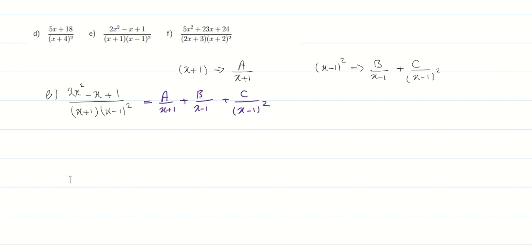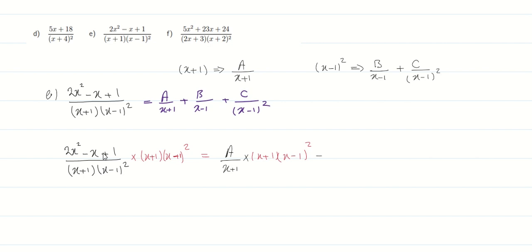So I'm just going to write the expression on the left hand side again, and multiply it by the common denominator, x plus 1 times x minus 1 squared. The same needs to be multiplied by each of the terms on the right hand side. So we have a over x plus 1 multiplied by x plus 1 times x minus 1 squared.